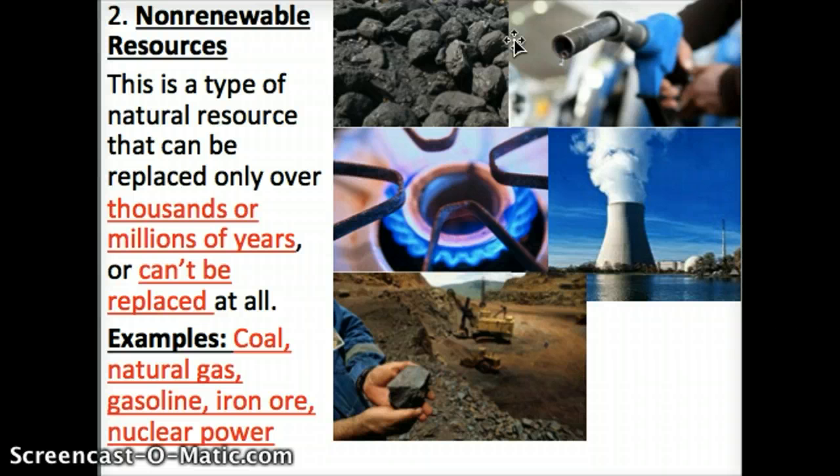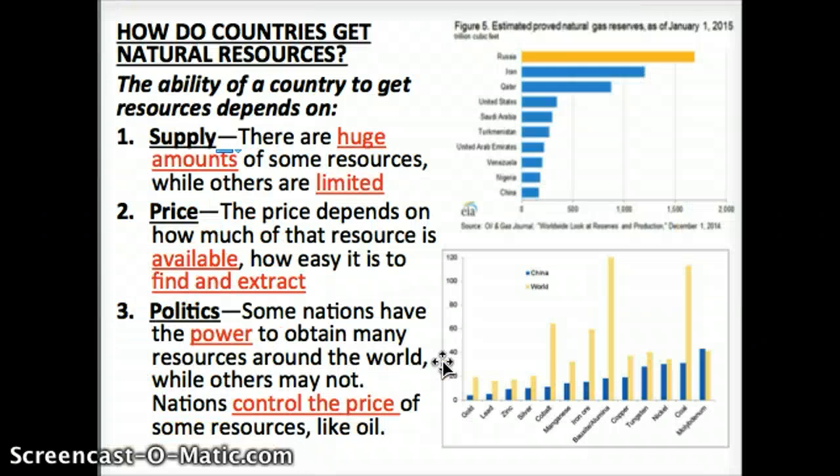So once we use them up, it's going to be really hard to replace. This is a picture of nuclear power. Nuclear power uses the element uranium to make power, and those things are also very difficult to replace. And iron ore, a lot of the metals are more difficult to replace once we use them in products. So it's very important that we recycle them or reuse them.